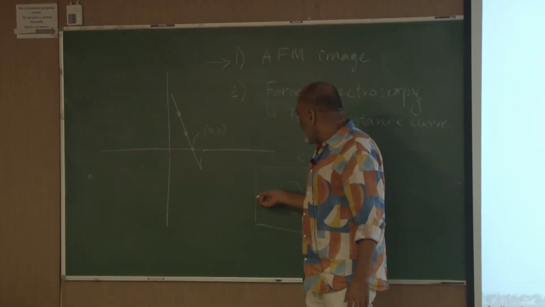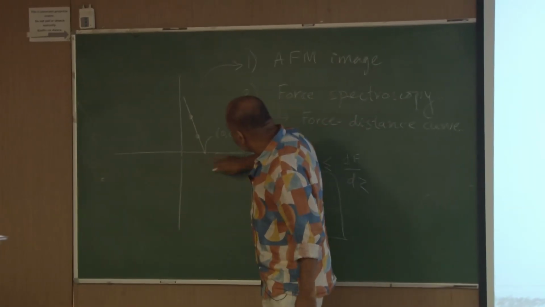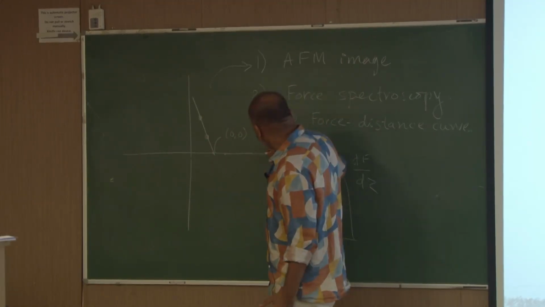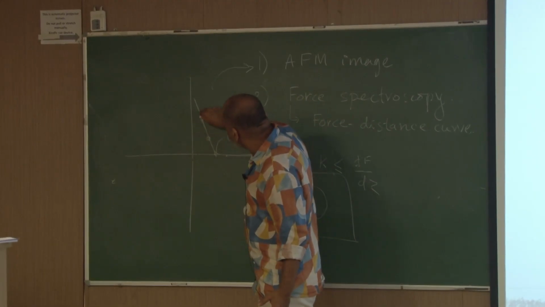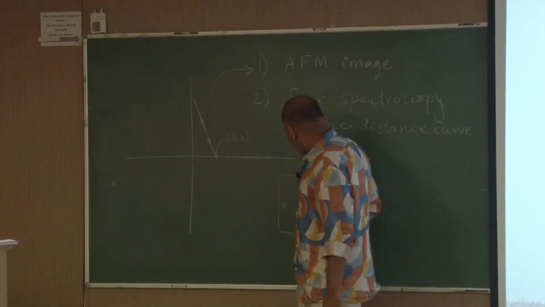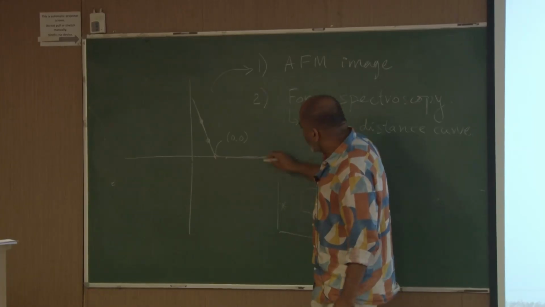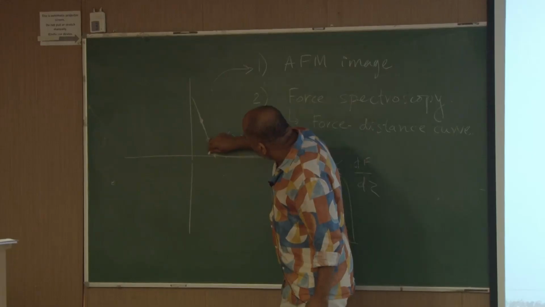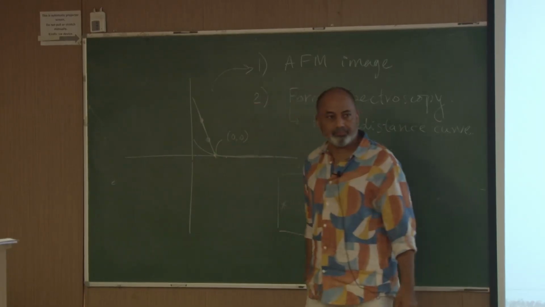Now, when I press on this, and this is a stiff enough lever that does not sense any attractive force, it goes like that. If it is here, it will go like that, but suppose this is a soft sample, on that it will start at 0 here, touch at the same point, but slowly go like that.